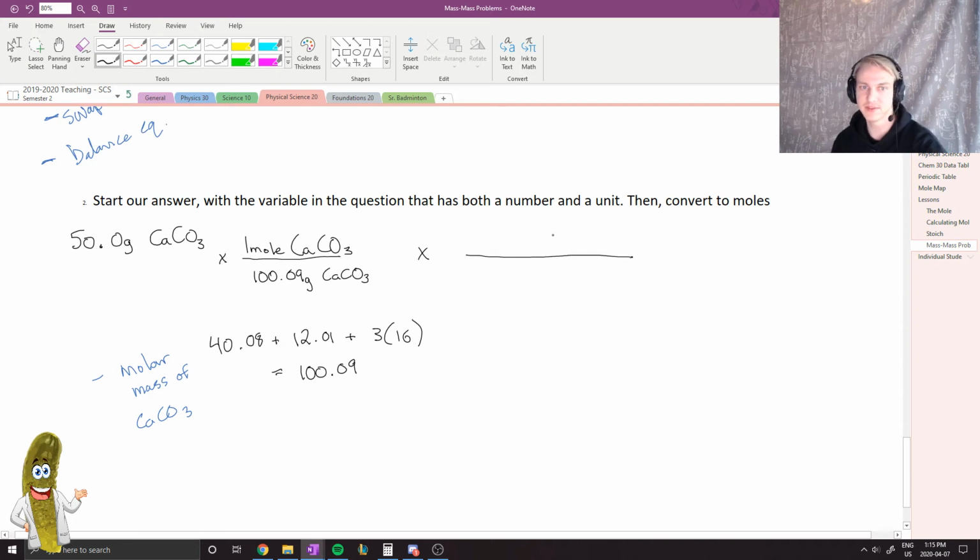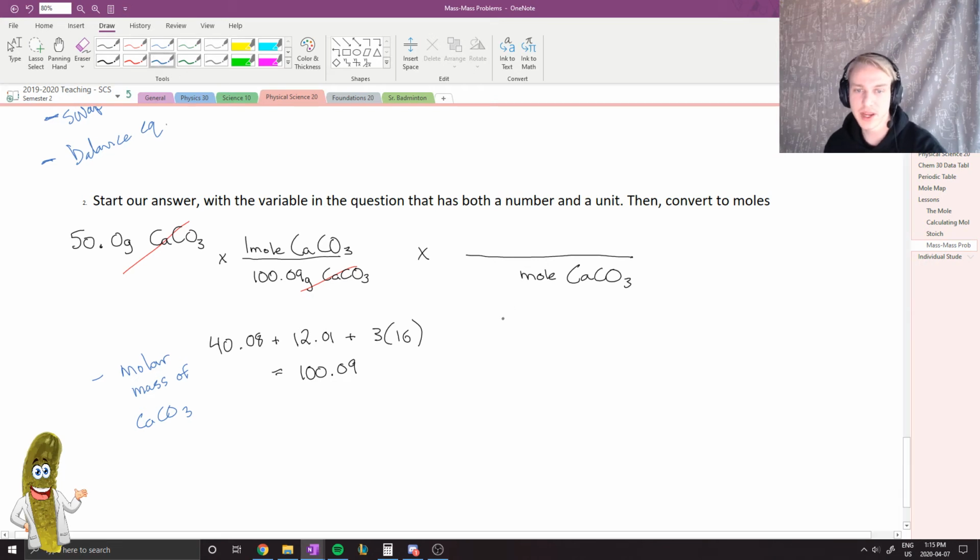You don't have to, but I'm leaving space so that I can answer this next question. What we've done is we have gotten out of grams of CaCO3, and now the only unit we have left is moles of CaCO3. So I know that on the bottom of this fraction, it must be a mole of CaCO3.